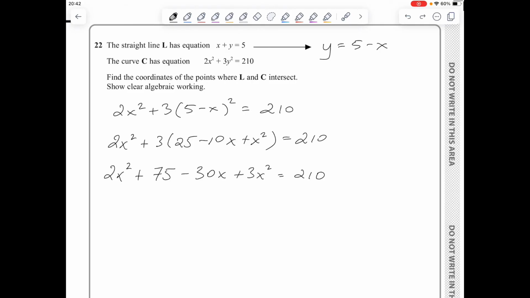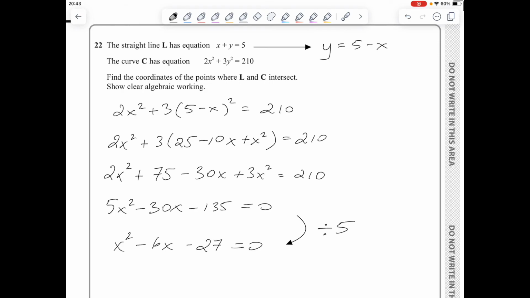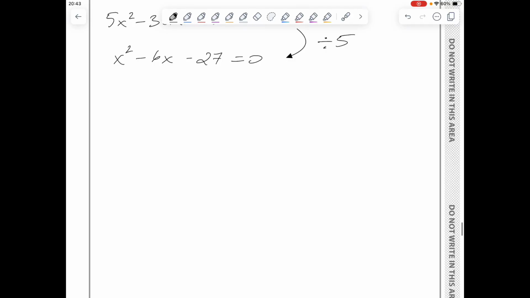Let's collect everything to the left hand side and simplify. 5x squared minus 30x minus 135 is equal to 0. Now I'll divide everything by 5. This will give me x squared minus 6x minus 27 is equal to 0. Let's factorize. x minus 9 times x plus 3 is equal to 0.